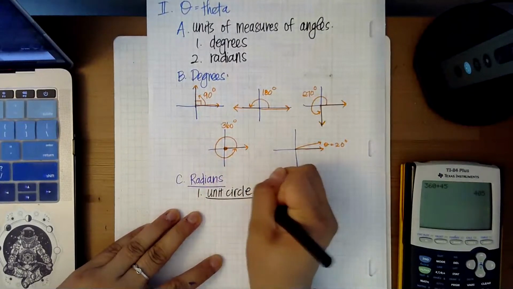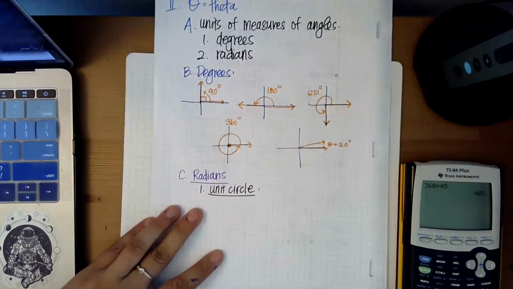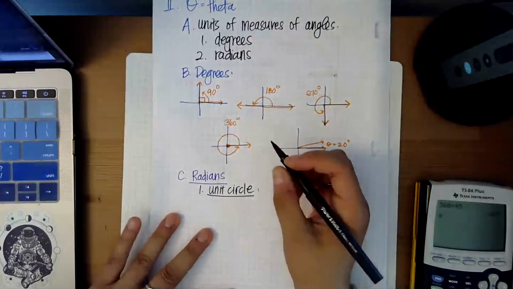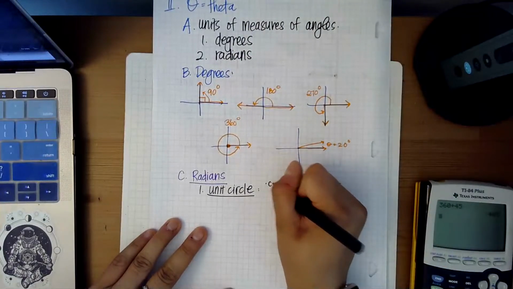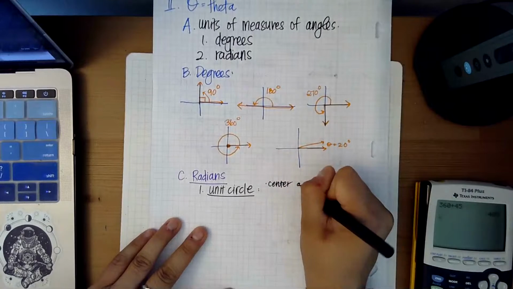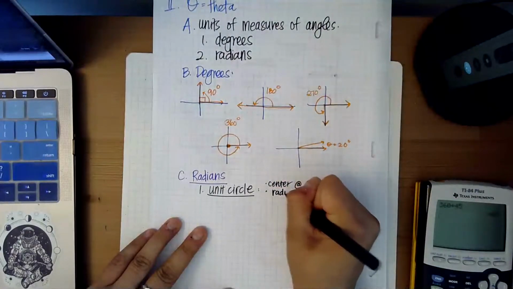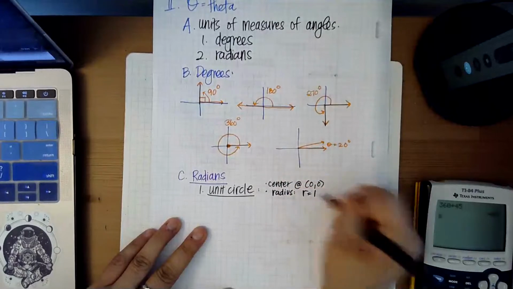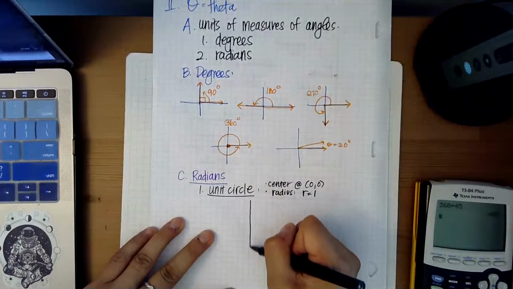The unit circle is just a circle that we use, but this unit circle has a couple of properties that are uniform. The first thing is that its center is at 0, 0. And it has a radius of 1. Okay, so watch what I'm going to do. I'm just going to draw it out.